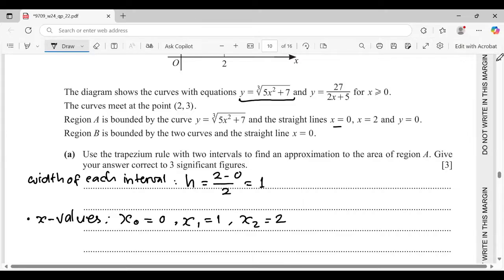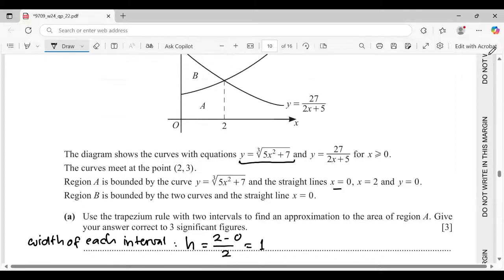So I would like to divide x from 0 to 2: x equals 0 here, x equals 1 around here, and x equals 2. Now, how about y?